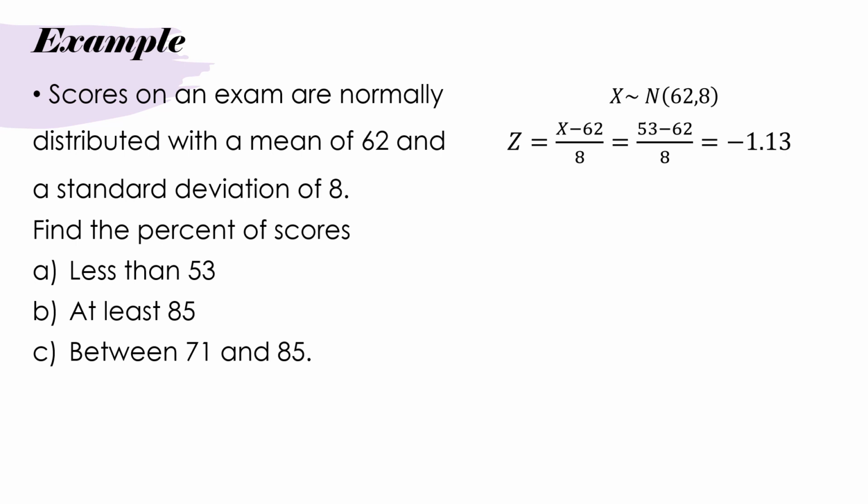We treat this as a normal curve with mean 62, standard deviation 8, and the z-score is x minus mu by sigma, which will be x minus 62 by 8. So for the first question, when it is less than 53, our x value is 53, and hence the z-score will be negative 1.13.